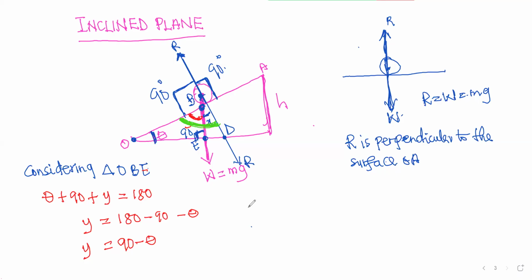Hubert? It will be 90 degrees. 90 degrees, because this is 90. This is also 90. So from the same plane to the standard line of the reaction, it will also be 90.